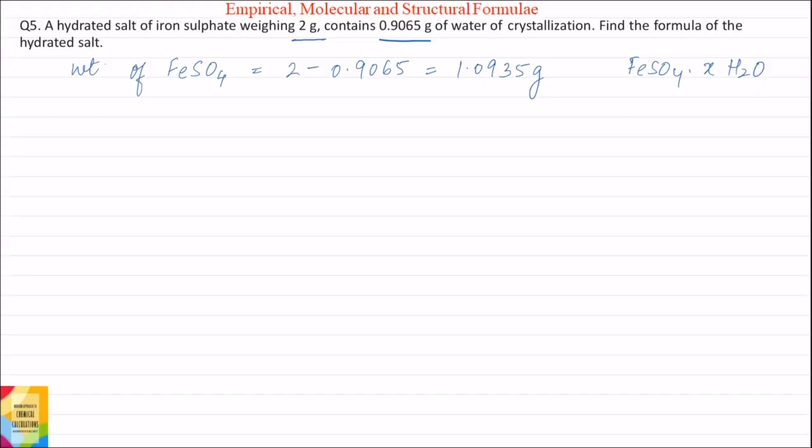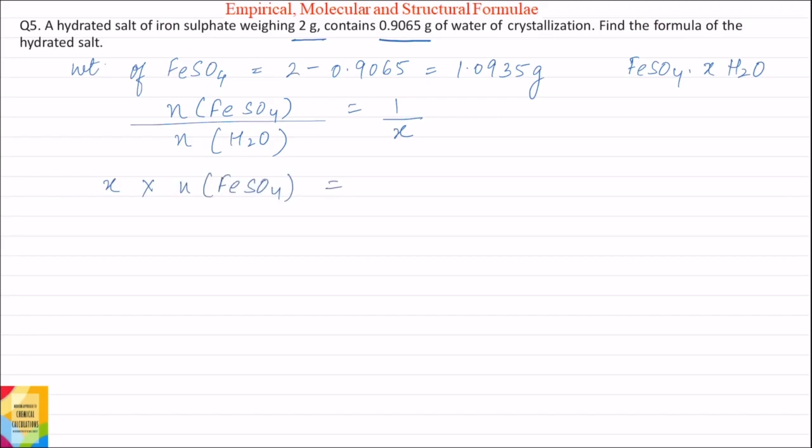Now the ratio of the moles of FeSO4 and H2O will be moles of FeSO4 divided by moles of H2O will be equal to 1 by X, as can be seen from the molecular formula. Therefore, X into moles of FeSO4 will be equal to 1 into moles of H2O. So X into what will be the moles of FeSO4?